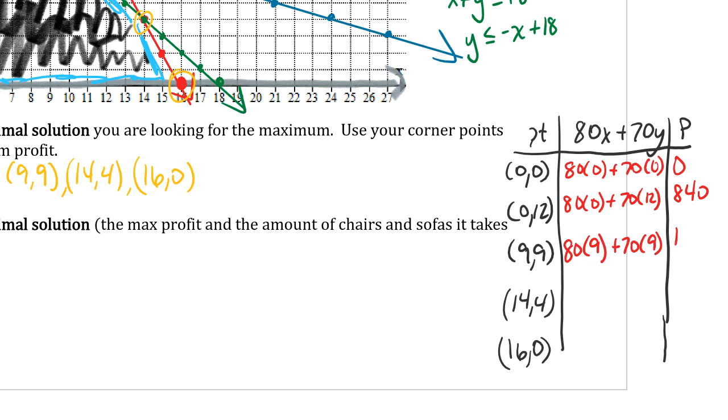Plug that in your calculator, you should get 1350. (14, 4), so 80 times 14 plus 70 times 4. Put that in your calculator, you should get 1400. And lastly, 80 times 16 plus 70 times 0 will get you 1280.